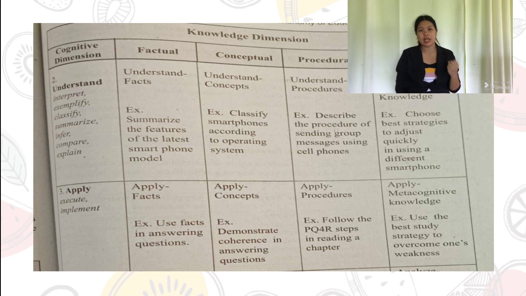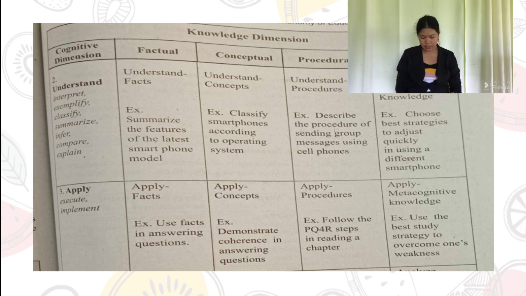Now, the last category is the metacognitive. So after classifying, identifying, and summarizing, they will choose the best strategies, no, to adjust quickly in using different smartphones. Now, the third level is the apply.